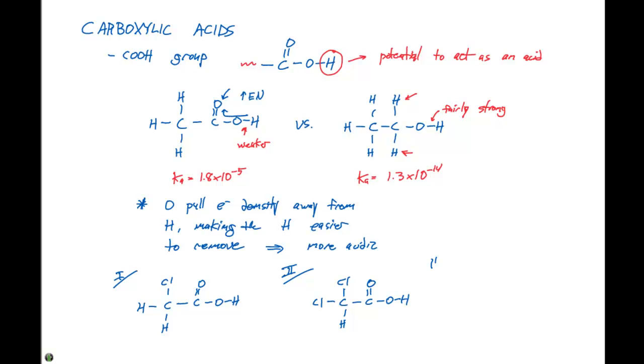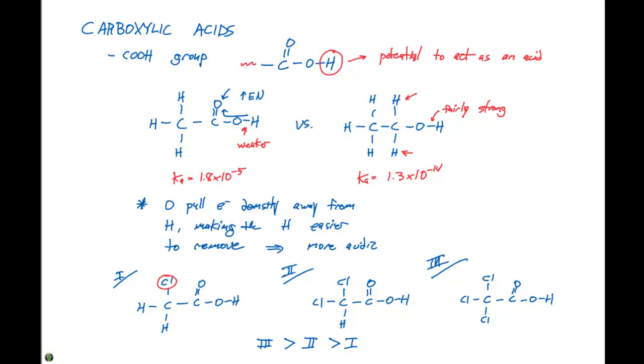And then we're going to compare this to a third carboxylic acid, which has 3 Cl's attached and no hydrogens. So if we were going to compare acid strength here, molecule number 3 is going to be more acidic than molecule number 2, which is going to be more acidic than molecule number 1. And this is due to the same polarity type comparisons that we had before.